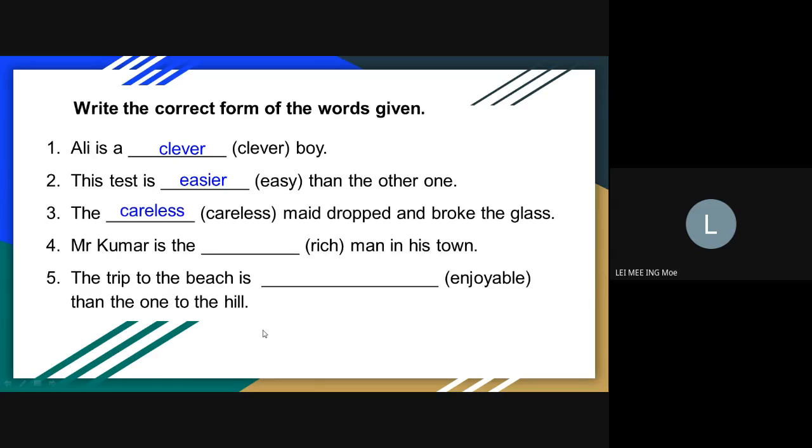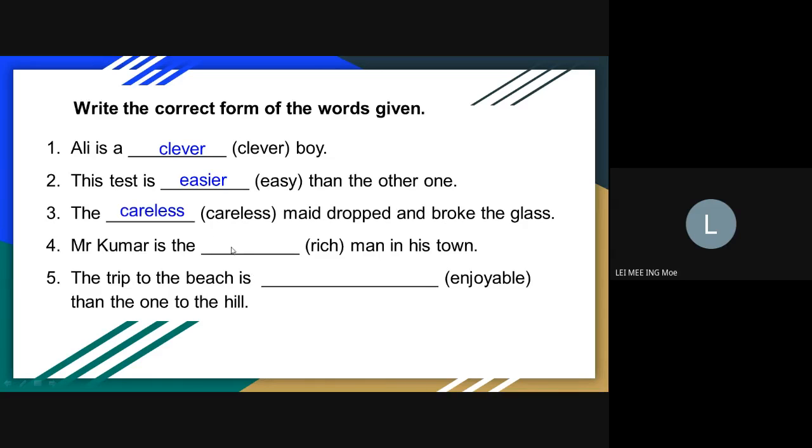All right. Question number 4. Mr. Kumar is the man in his town. So the given word here is rich. Can you please type down your answer now for question number 4? All right, some of you typed superlative form and some of you typed comparative form.